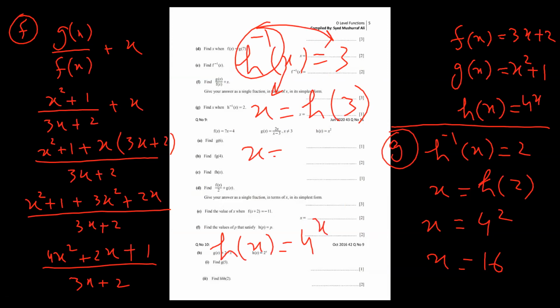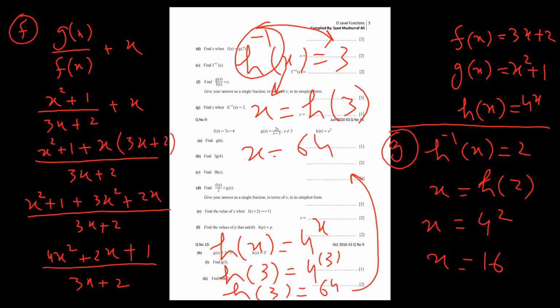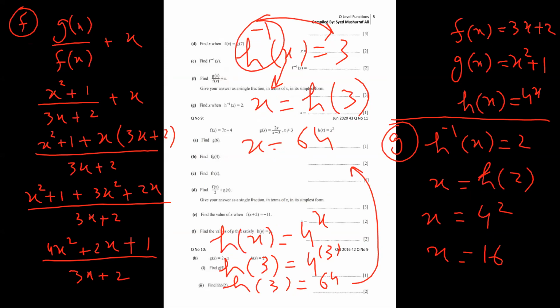From here I copied. Okay. So what to do? I put 3 in the place of x, not only on the left hand side, even on the right side also. Okay. So h of 3 is 4 to the power 3, which is 64. So I can write the 64 here. I think this is the whole story, and we got the idea very, very clear. Alhamdulillah.